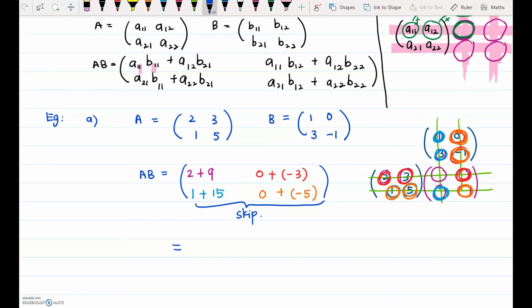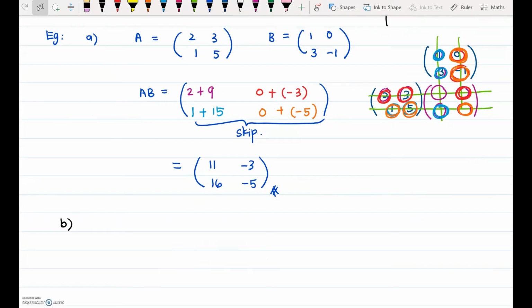So your answer now will be 9 plus 2 is 11, 0 plus -3 is -3, and then we have 16 and -5. So this is your final answer. Okay, class?